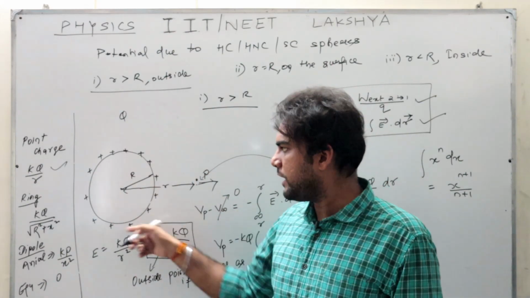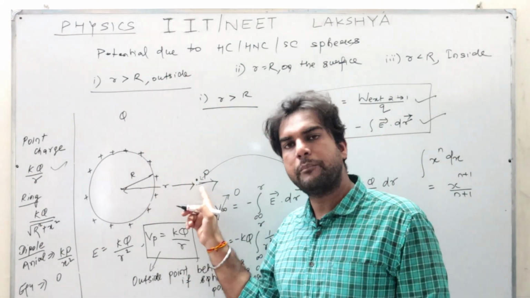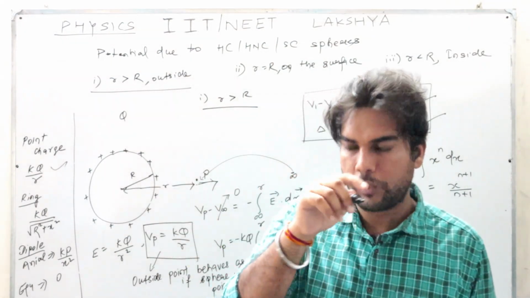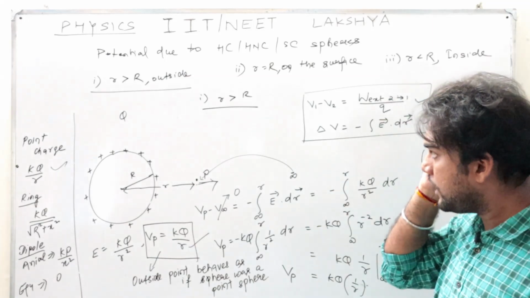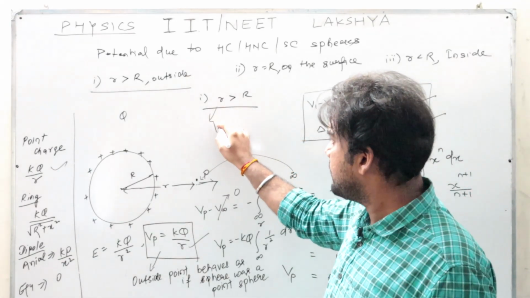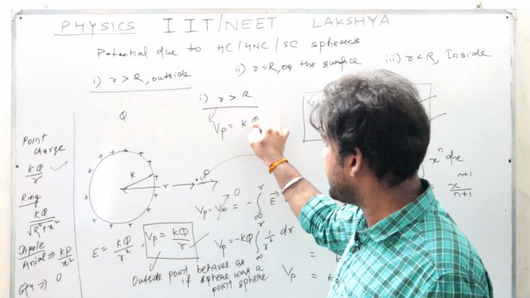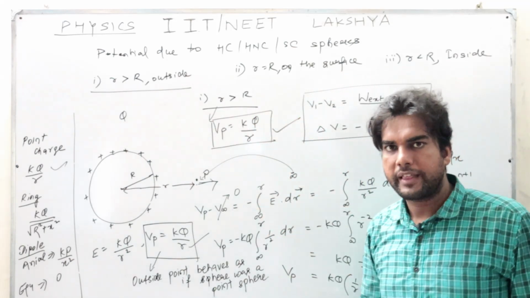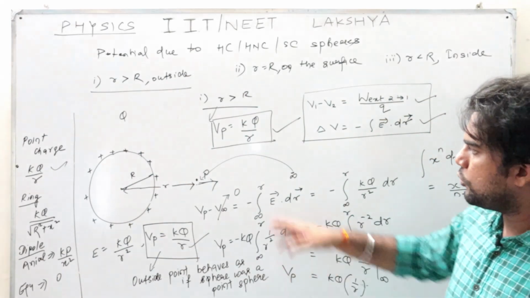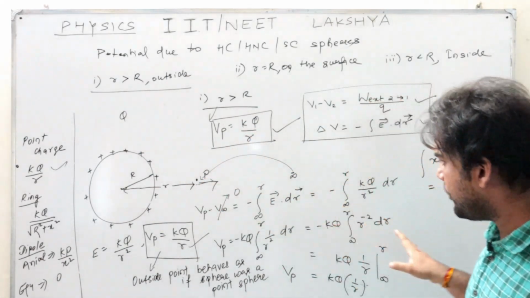If the sphere would have been a point charge, then what would have been the potential here? Kq by small r. And the same formula we are getting, Kq by small r. So the potential due to the outside point is Kq by r. Now this formula I always have to remember, Kq by r. That is due to an outside point. So I hope it is clear to you.